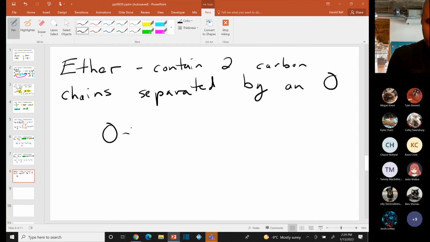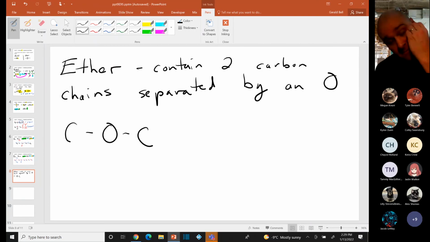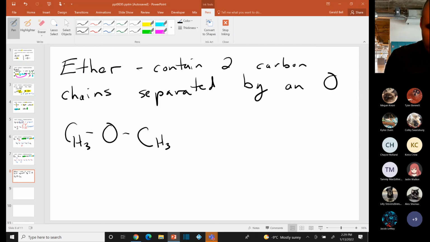We're going to put an oxygen in between a couple of carbon chains. The simplest carbon chains we could have would be 1 carbon each. So I'll put a carbon on that side and a carbon on that side. And we can't forget carbon always wants to have 4 bonds, so we need 3 and a 3. Here's why I like naming these ones: all you do is name the 2 groups and then add the word ether.